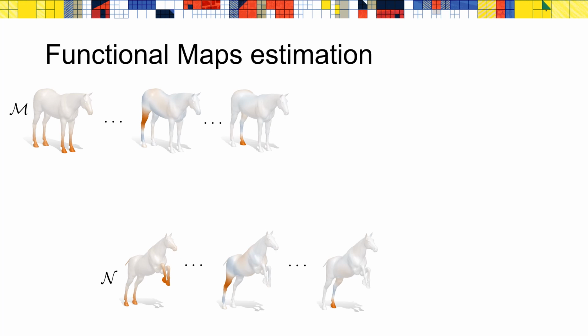Another example of probe function that can be used are landmarks. Here we have a couple of low pass representations in the Fourier basis of two landmarks on the legs of the two shapes, and these landmarks are usually given as a supervised input to the functional map pipeline.